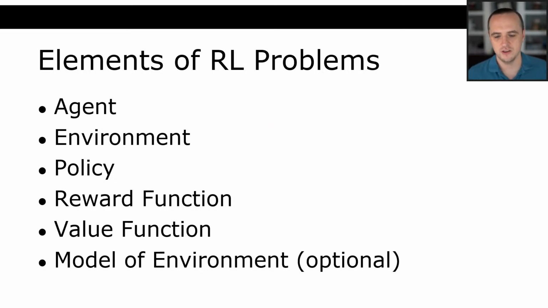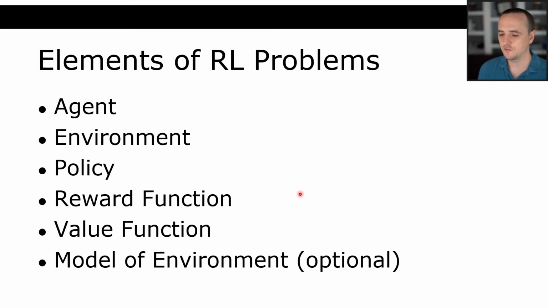That is the biggest benefit of machine learning in general, is that you do not typically need a model of the environment in order to learn something about your actions or your input data. So a model of the environment is optional for reinforcement learning.